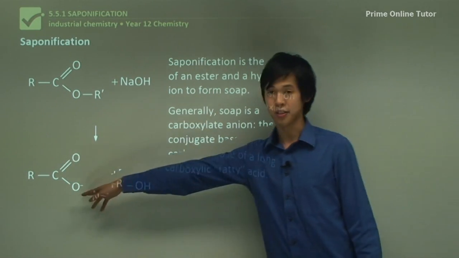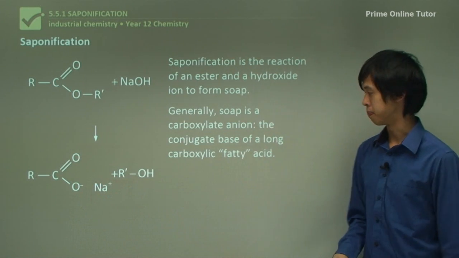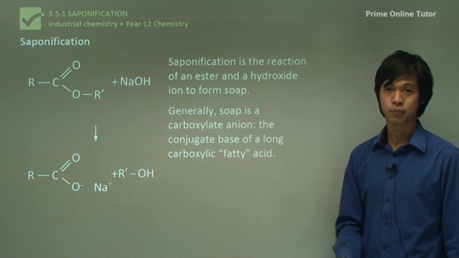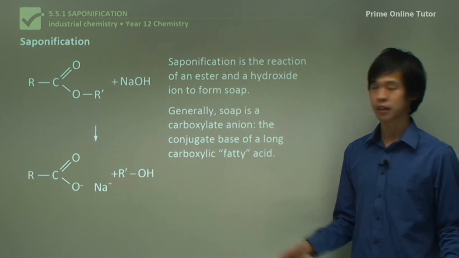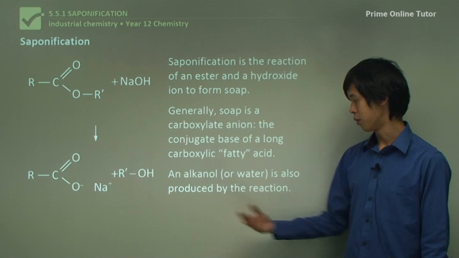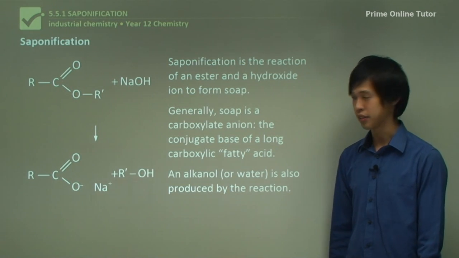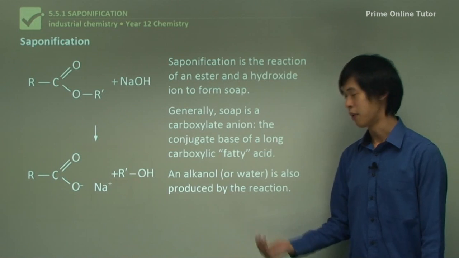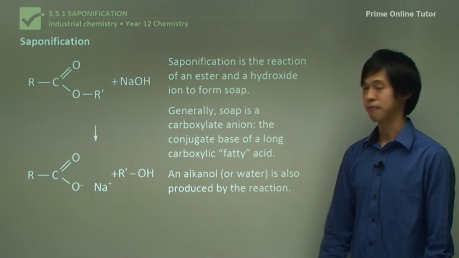Then we just add sodium to that, and that gives us the soap. It's a carboxylate of a fatty acid. We'll talk about what all these things are in a sec, but that's where we're going. An alkanol, or water, is also produced by the reaction. The most common alkanol produced is glycerol. Again, we'll talk about what all these things are shortly.